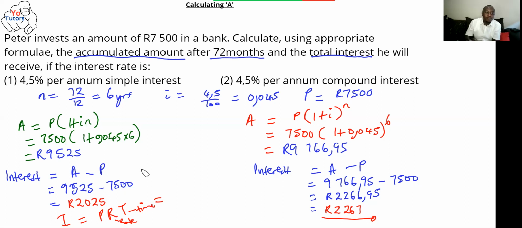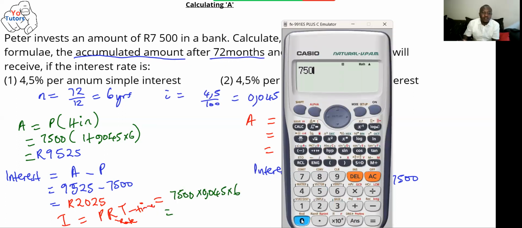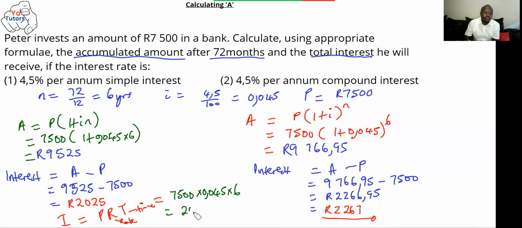So here you can punch in 7,500 multiplied by your rate, which is 0.045, times 6. You get the same thing, 2,025.